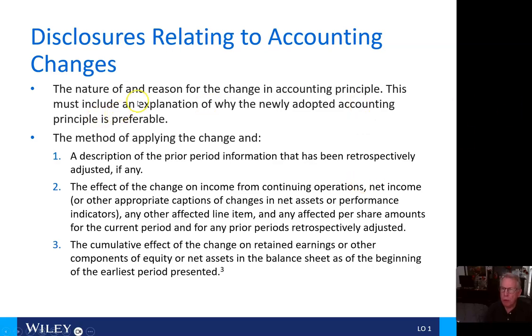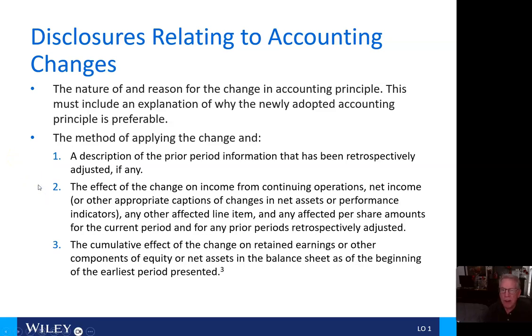Okay, so disclosures related to accounting changes. Here, the nature of and reason for the change in accounting principle. This must include an explanation of why the newly adopted accounting principle is preferable. And then the method of applying the change, and 1, a description of the prior period information that has been retrospectively adjusted, if any.